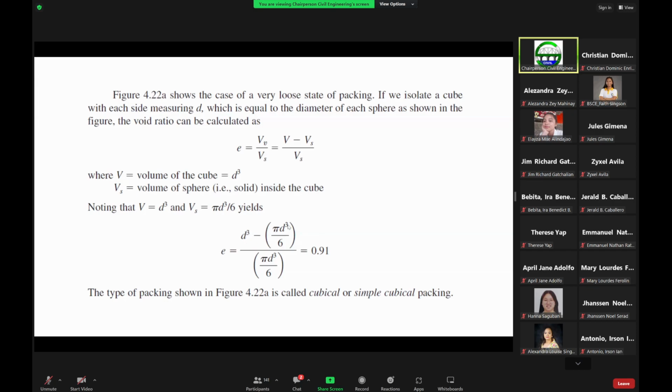Then you can calculate the value. That gives you a void ratio of 0.91. So that's why you have a value of 0.91 for a very loose packing, representing this condition here.